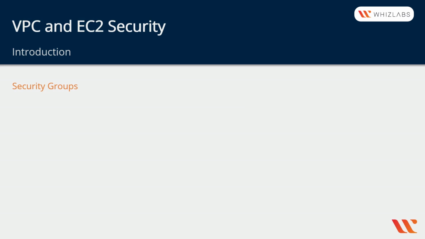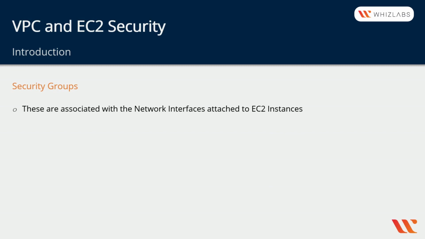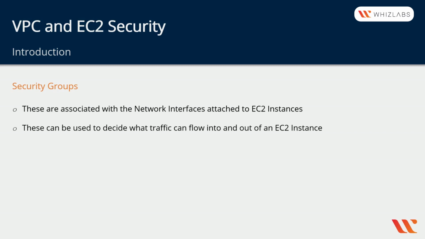Now next we have security groups. Security groups are associated with the network interfaces that are attached to an EC2 instance. So again, the security group can decide what traffic can flow in and out of an EC2 instance.